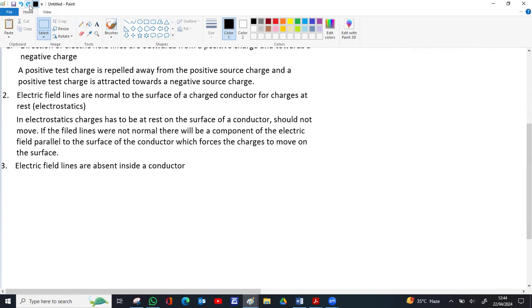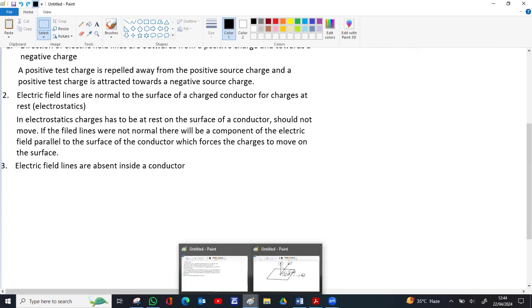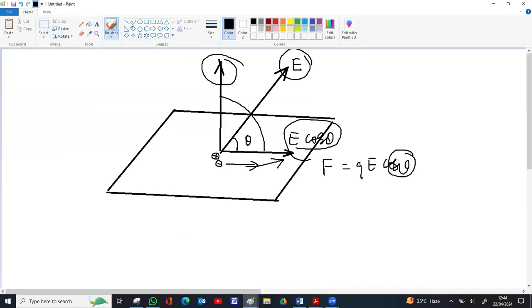Now electric field lines are absent inside a conductor. Inside a conductor, the electric field is 0. There are no charges inside a conductor. If you have a conductor, whether it's solid or hollow, the conductor allows the charges to move.